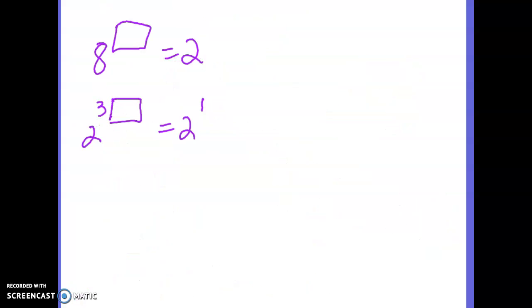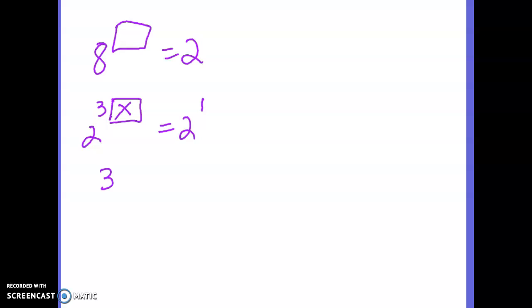So what we're really doing is 8 to the what power equals 2. If I rewrite 8 as the same base of 2, that's 2 cubed. I just rewrote 8 as 2 cubed, that's 2 times 2 times 2. Then I kept the box in the same place. Now that the bases are the same, I can set the exponents equal to each other. I'll just call this an x.